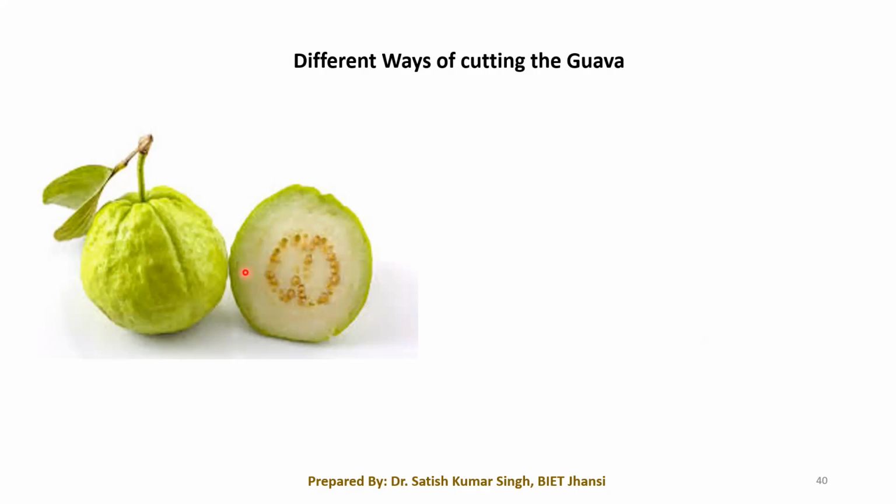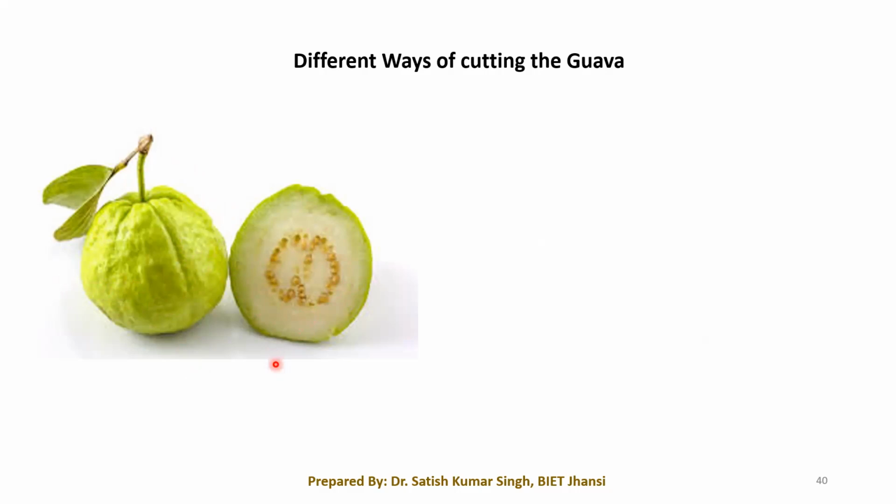Now if, instead of cutting like this, I had cut this guava in the horizontal direction from the middle, then what will be the number of seeds exposed on the surface, and what will be the pattern of the seeds?